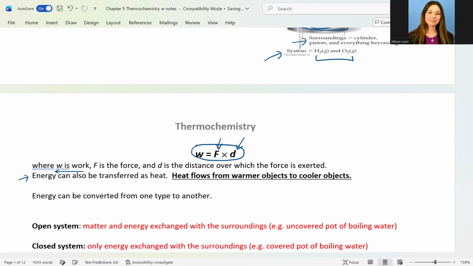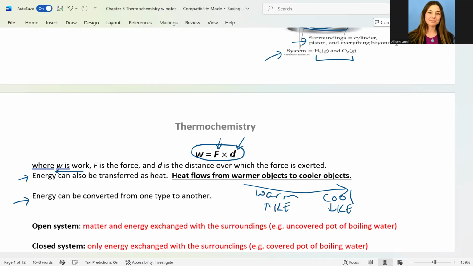I noted a second ago, energy can also be transferred as heat. So heat will flow from warmer objects to cooler objects. So we have warm to cool. And that's as these warmer objects have higher kinetic energy that's transferred to lower kinetic energy regions.